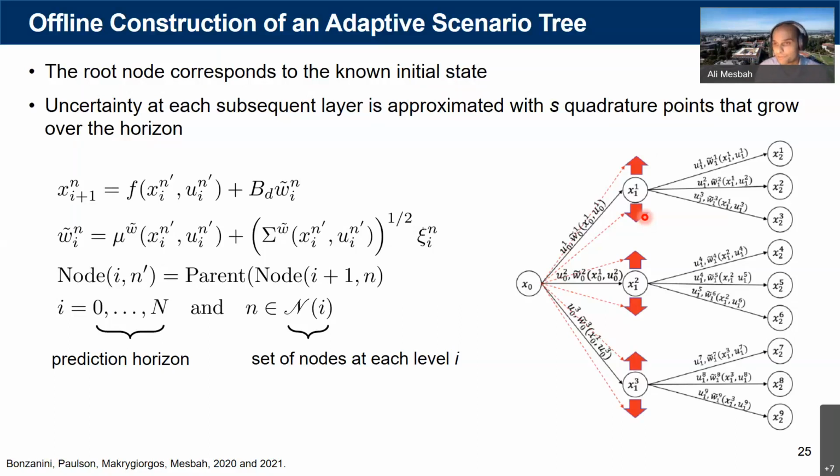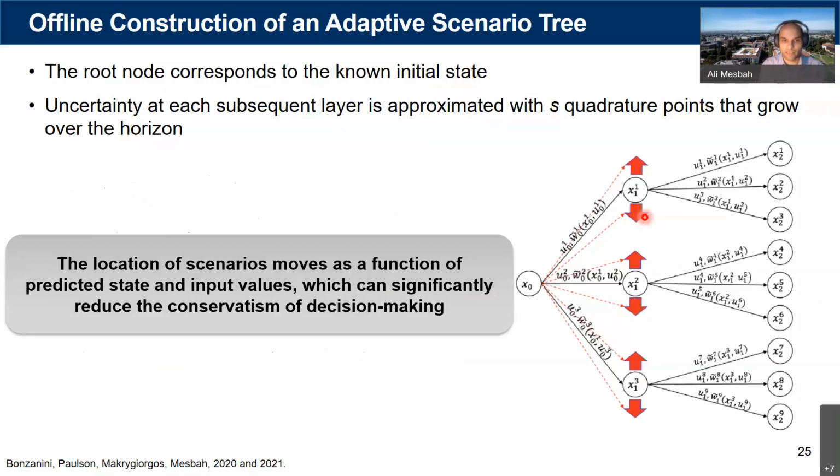And as I will also demonstrate on a real application, such an adaptive, learning-based scenario tree would allow you to significantly mitigate the inherent conservativeness of robust decision making. I don't want to get into the details here, but the point is that the location of these scenarios moves as a function of the predicted states and inputs, and that can improve your robust control performance by mitigating the conservativeness of robust decision making.